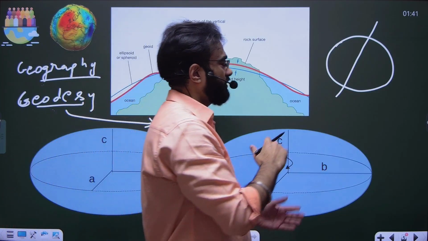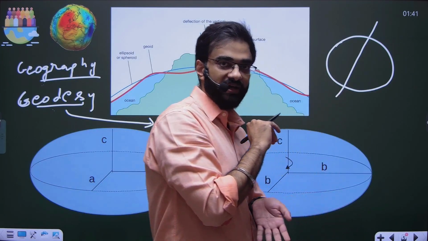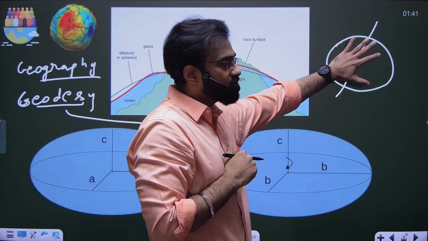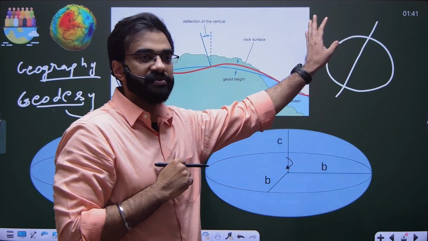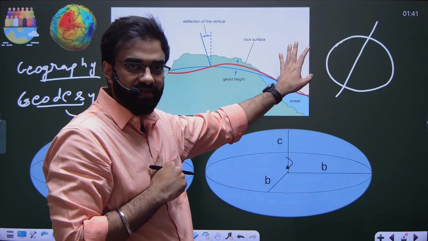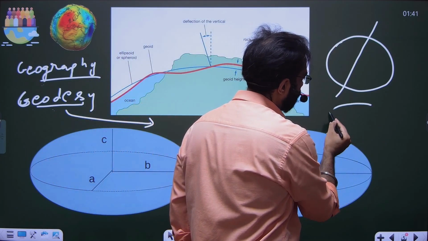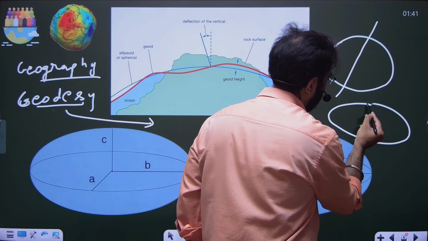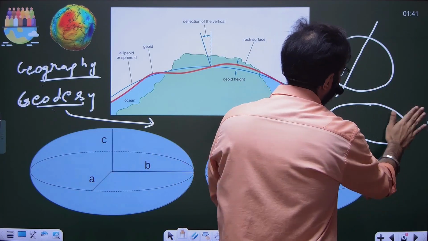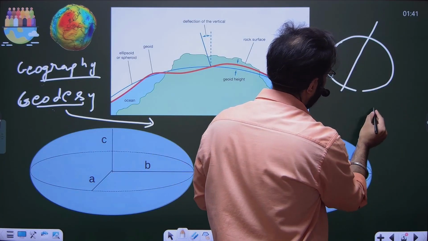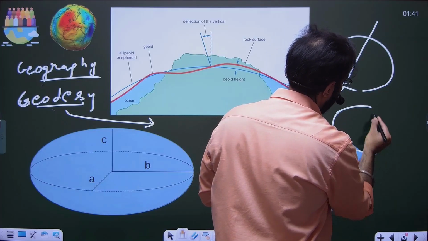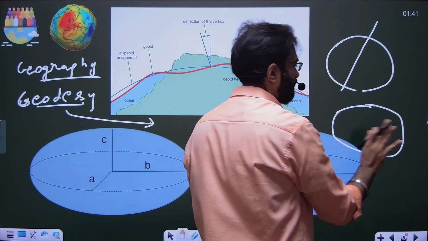Okay, so the basic concept: suppose we remove all the uneven features, mountains, plateaus, etc. The Earth will appear as a smooth surface with a bulge at the equator because of centrifugal force.